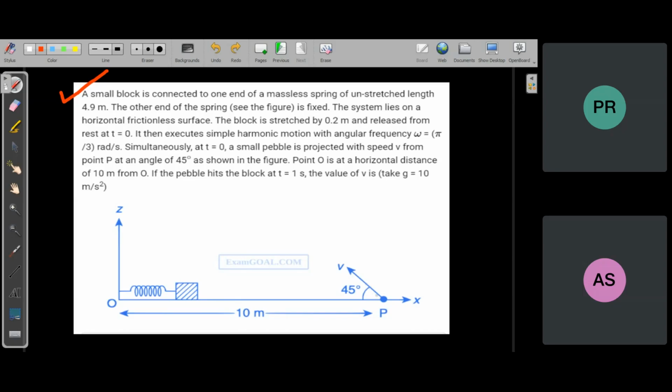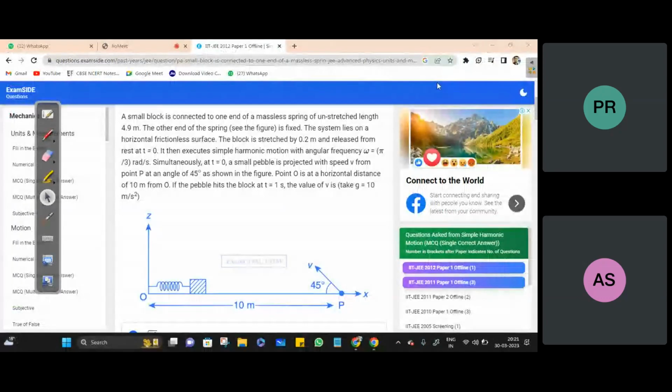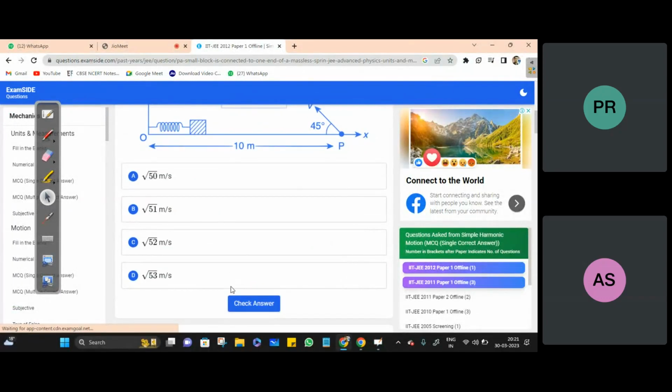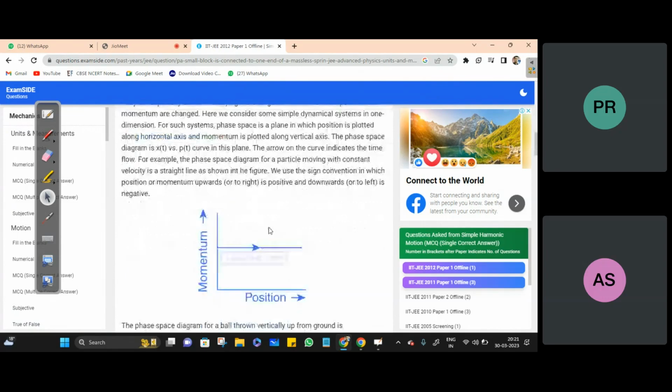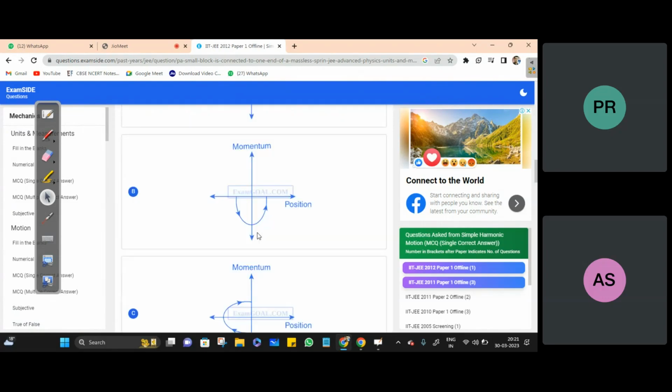Yes. Directly you can apply for the vertical motion of the stone. That's it. Okay. That's it. You will get the correct answer. This is a lengthy one.